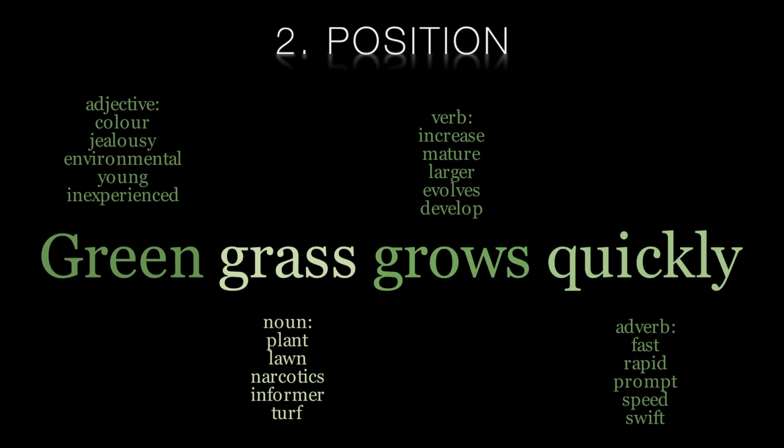2. Position. As can be seen from the various definitions of the words green, grass, grows, and quickly, the position of the word in a sentence, or the position of a word relative to other words, is crucial. The noun grass might mean a police informer, or might mean narcotics, but its position in between green and grows cements its definition as a plant.